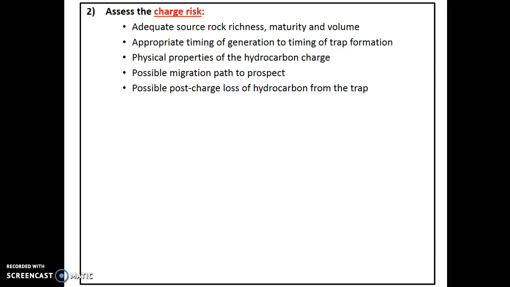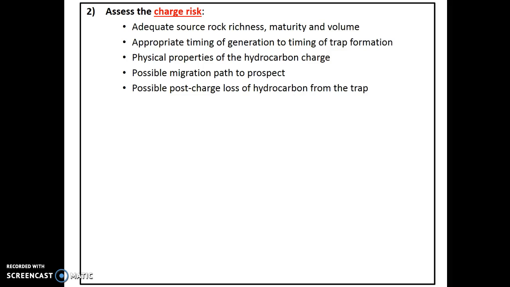Alright, the second is that a basin model can be used to assess the charge wreath with various elements that exist in a given petroleum system. For example, here, to estimate the adequate source rock richness, maturity, and volume, and then we need to know the appropriate timing of generation relative to timing of trap formation.